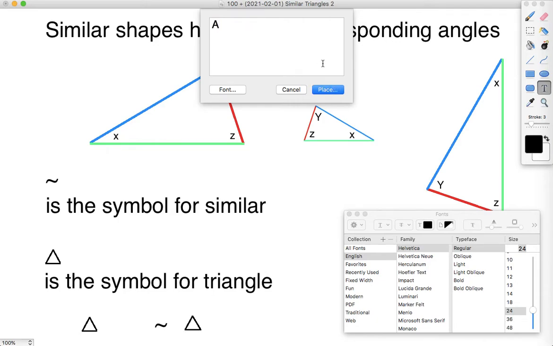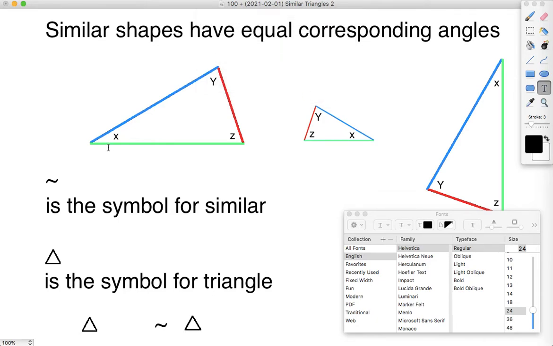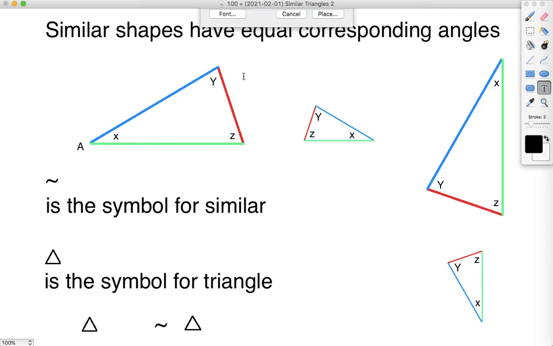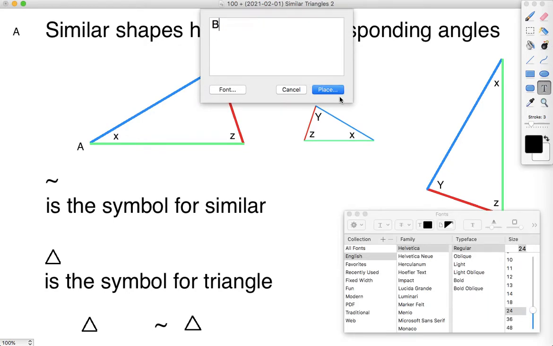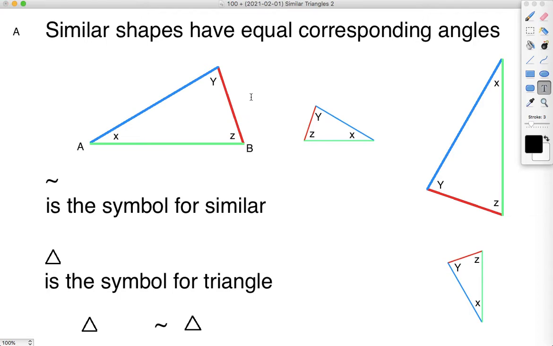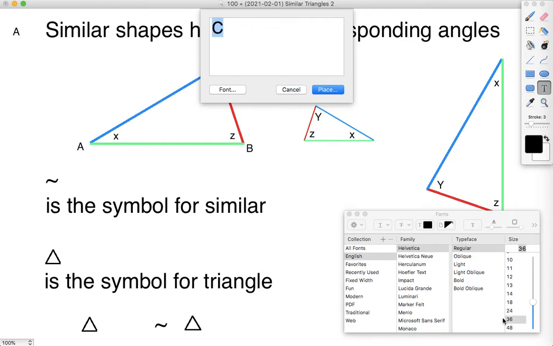I'm going to call this triangle, I'll call this triangle A, B, C. So A, B, C are the corners of this triangle. And I'm going to call that triangle ABC.